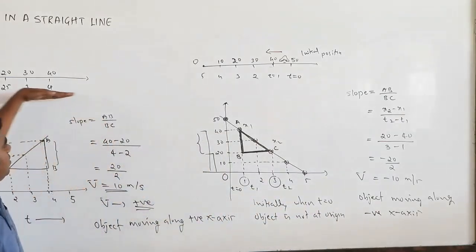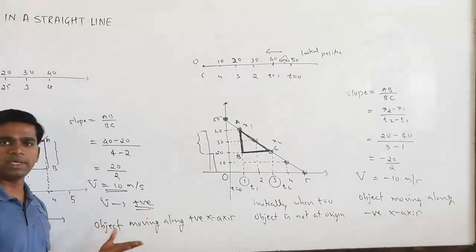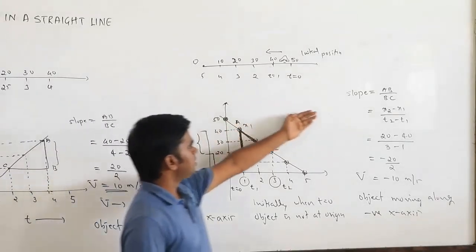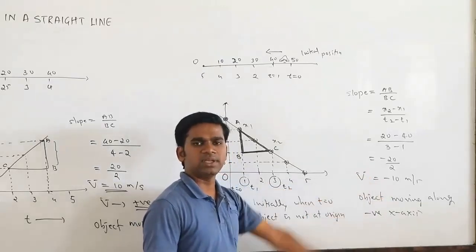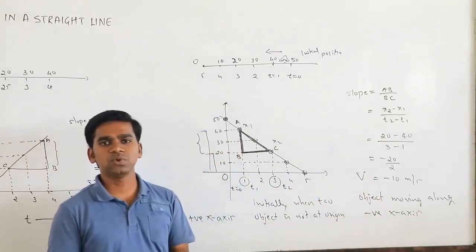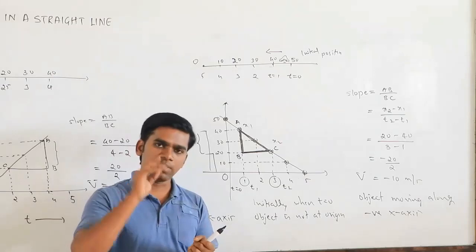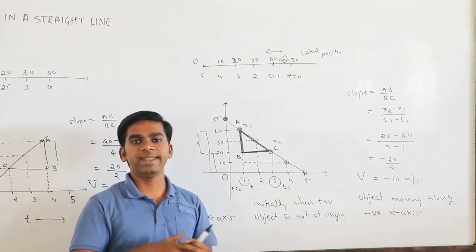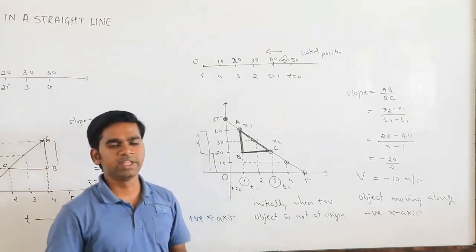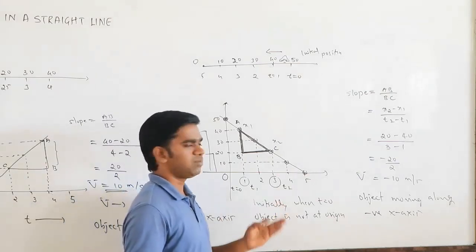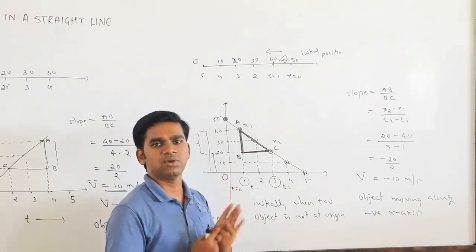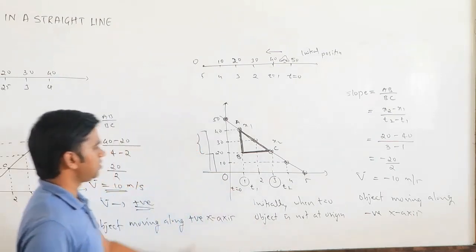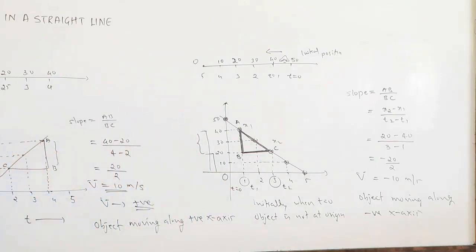Before, it was moving in this direction and you were getting the slope as positive. Here it is moving in the opposite direction, so you are getting a negative slope. Okay, so negative slope and positive slope, what do they indicate? Slope will indicate not only velocity, but also direction of motion. That is why slope is very important. Slope gives the magnitude of velocity and also the direction of motion. Okay, so this is how we can calculate the negative slope and positive slope.